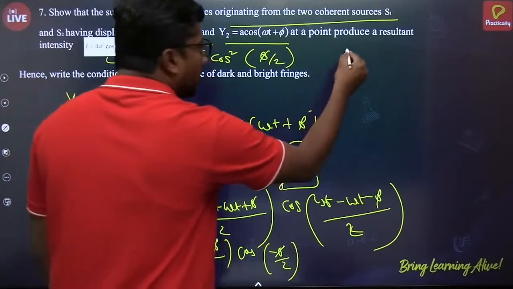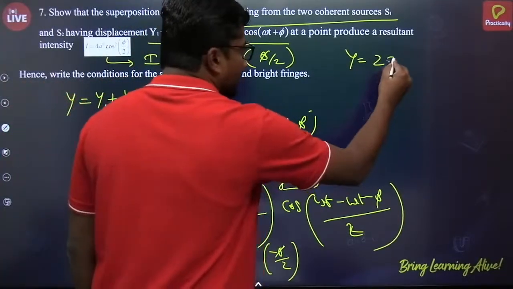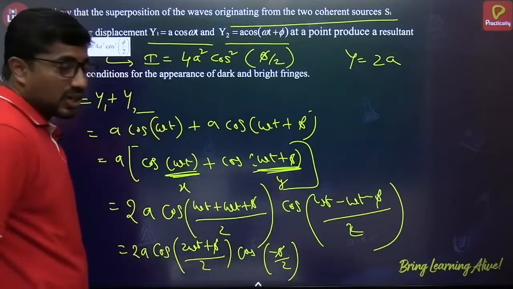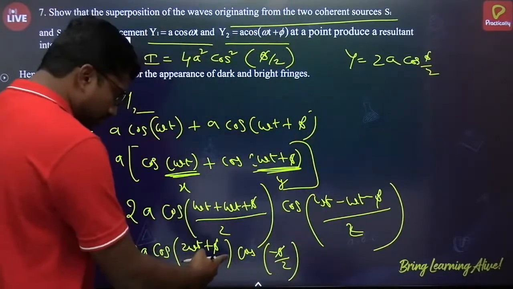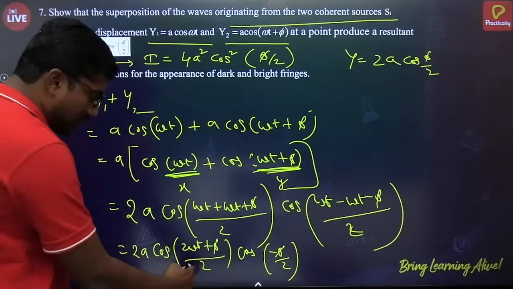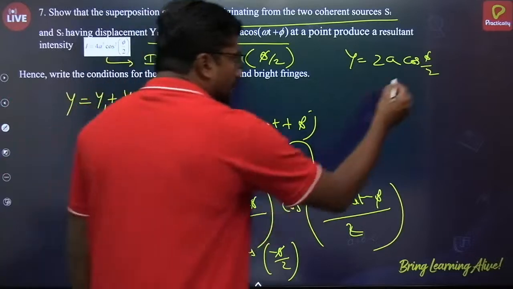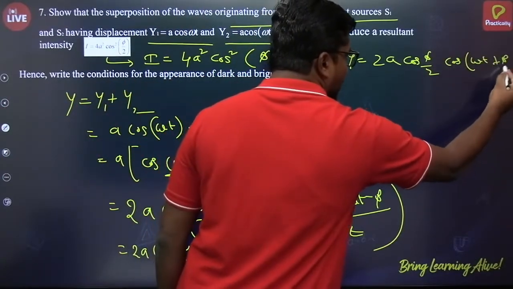So this further we can write y equals 2a cos of minus theta, cos theta, so cos phi by 2 into cos of 2 omega t plus phi by 2. If you split this denominator, then cos of omega t plus phi by 2 we will get.